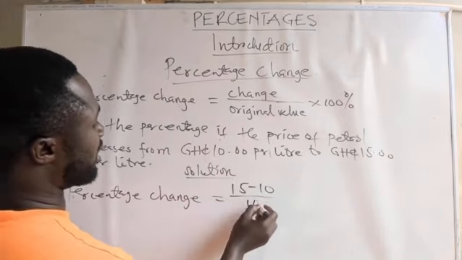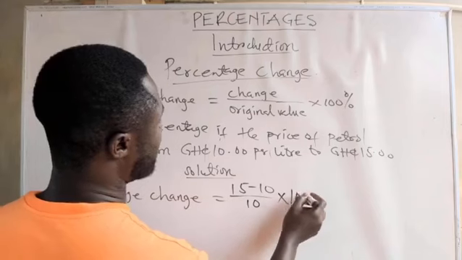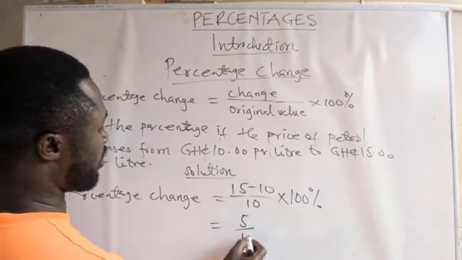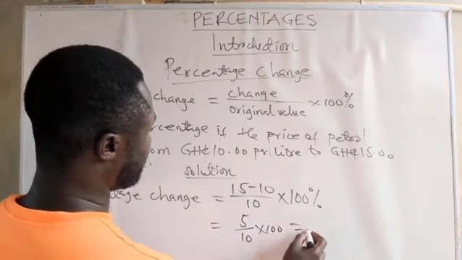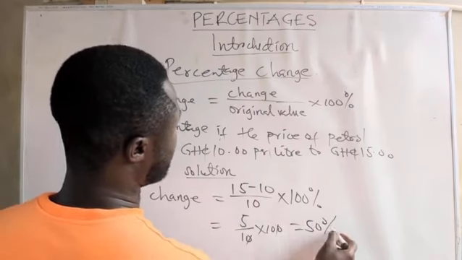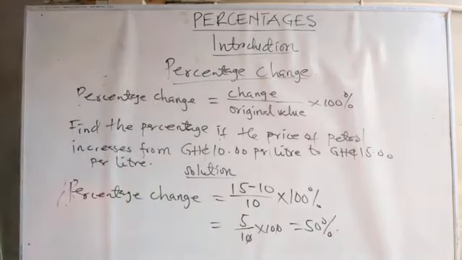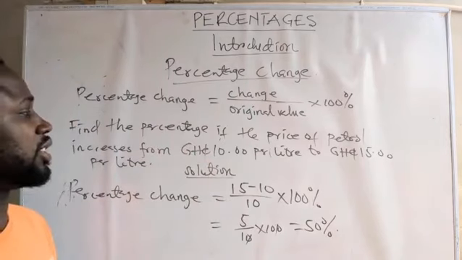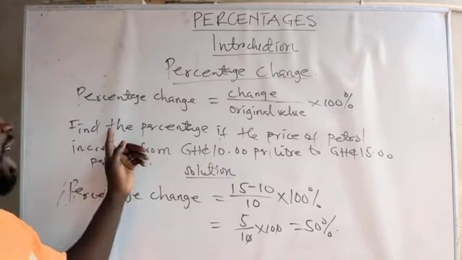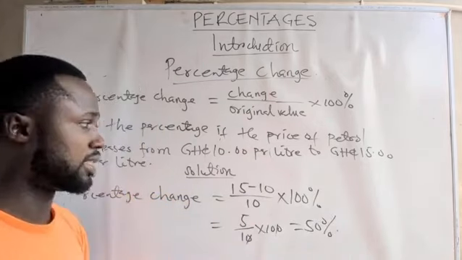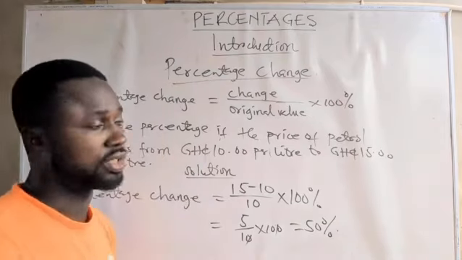So we divide by 10, then we multiply by 100%. So 15 minus 10 gives 5 over 10 times 100, which gives us 50. So the percentage change is 50%. There was a 50% change as the fuel increased from 10 to 15 Ghana cedis.